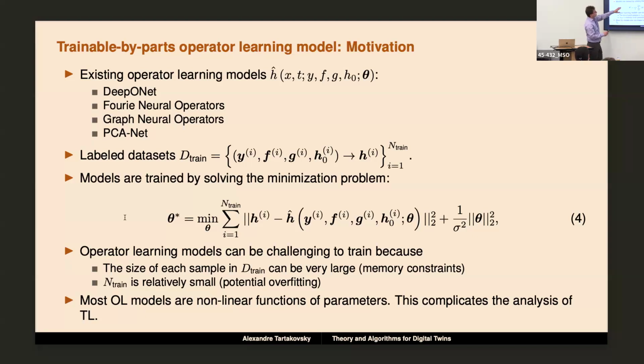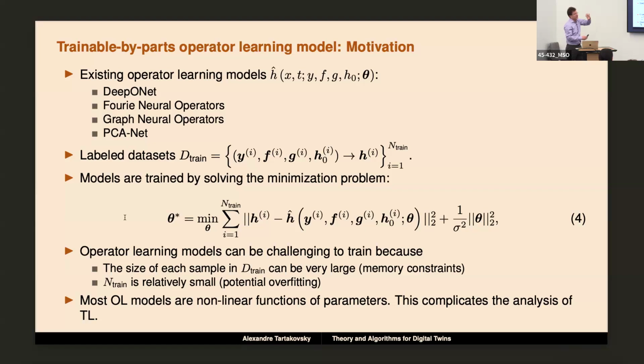Another problem with these models is that they are highly nonlinear functions of parameters, and theta is the parameter of the surrogate or operator learning model. Most of these models are nonlinear functions of the parameters.